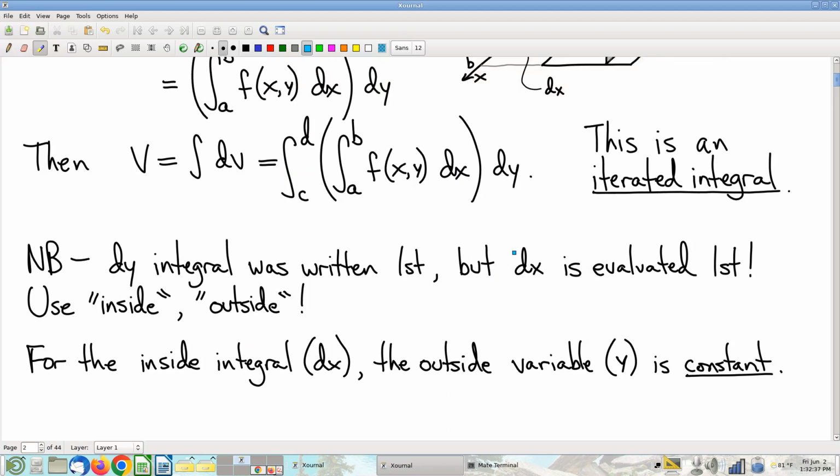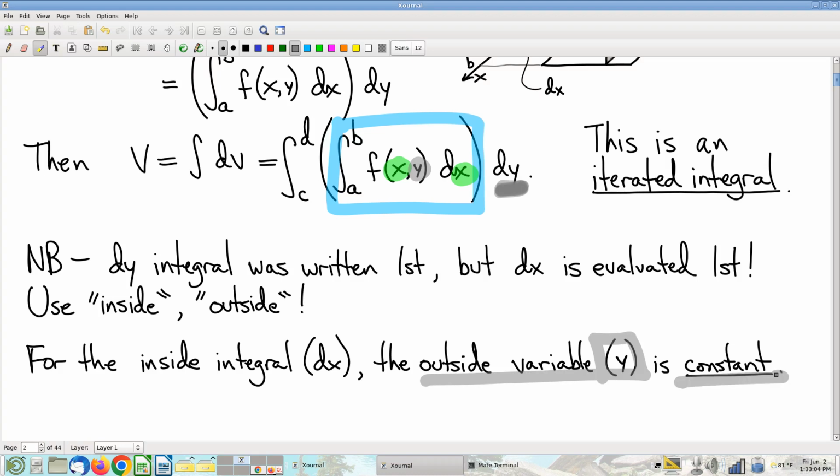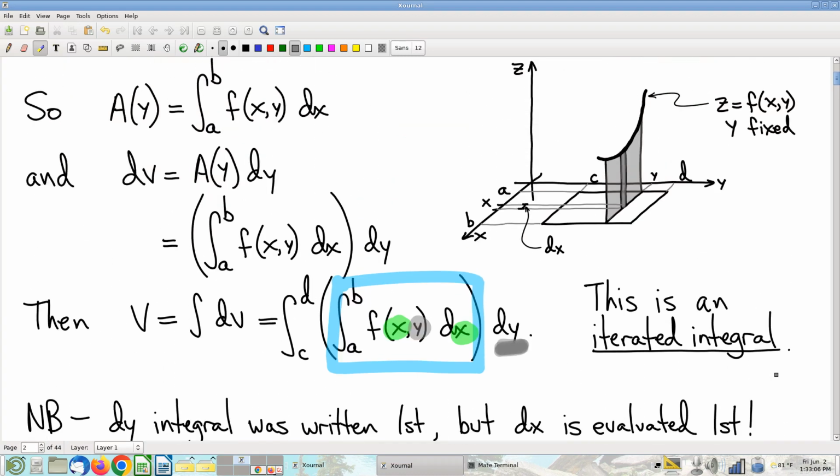Oh yeah, and then again, don't forget, I've already made a big deal out of this, but let me say it again. How do I deal with this dx integral? How do I deal with the fact that while the differential variable x is in there, so is y? How do I deal with this extra seeming variable that there is in there? It isn't. Y, what you might call the outside variable, is a constant because of where this picture came from.